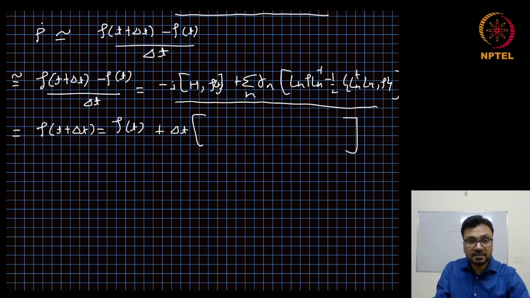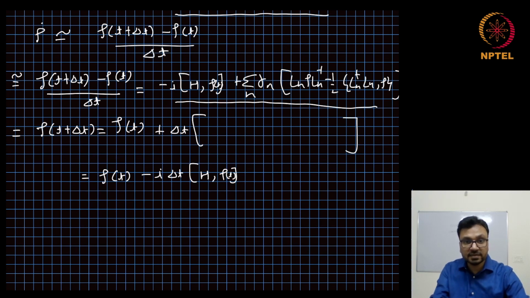From here, we can see that the right hand side can be written as rho of t plus delta t, that is, minus i delta t [H, rho of t]. On the right hand side, everything is rho of t, so we don't need to write it again and again. This will just make the expression cumbersome. So we just write rho.